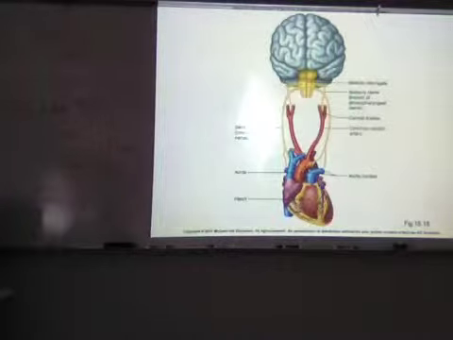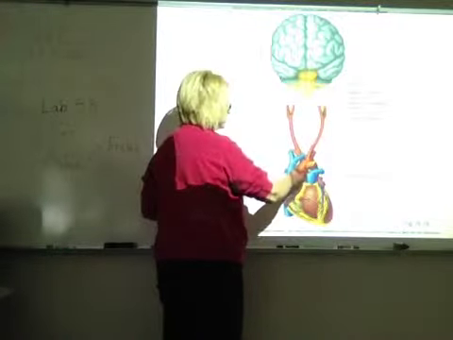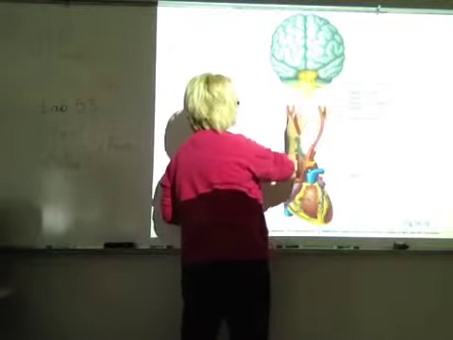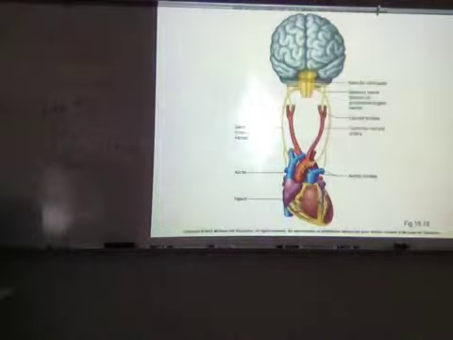There's just a picture. That one's probably not as important, other than here are the aortic bodies, which are found on your aorta. Your carotid bodies are found right where your carotid artery branches.